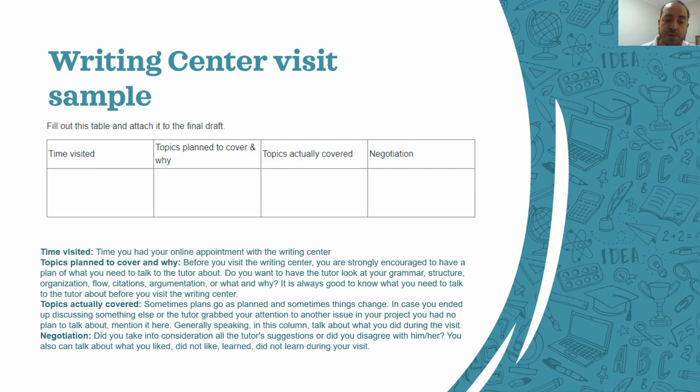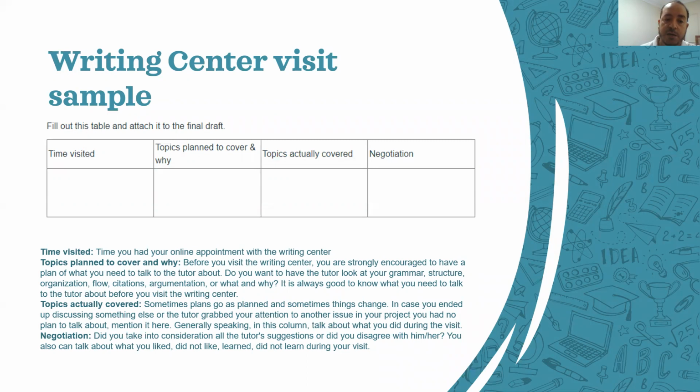For the topics planned to cover before the visit, I wanted them to have a plan of what they want to talk about with the tutor in the writing center. Did they want the tutor to look at the grammar, structure, organization, flow, citation, argumentation of their project, or what? So I wanted them to plan ahead.